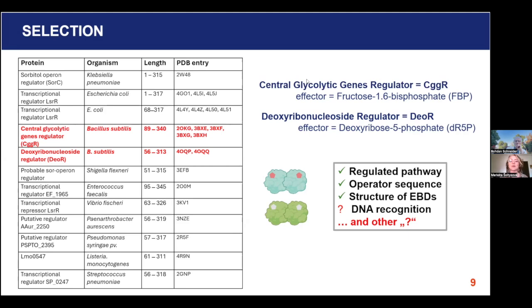These proteins were selected first because they were in long-term interest of our laboratory, and more importantly, they were among the best functionally and structurally characterized. CGGR stands for Central Glycolytic Genes Regulator, and DOR stands for Deoxyribonucleosides Regulator. CGGR regulates genes for enzymes of triose phosphate interconversion in glycolysis, and DOR regulates genes for enzymes of deoxyribonucleoside catabolism as an alternative carbon source.